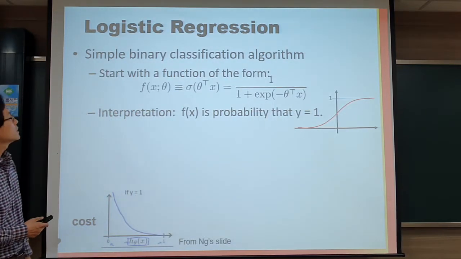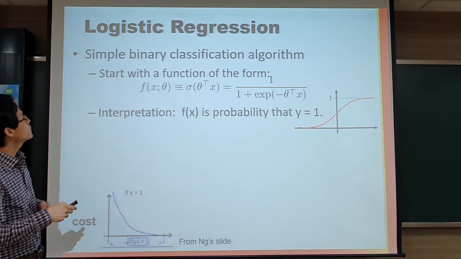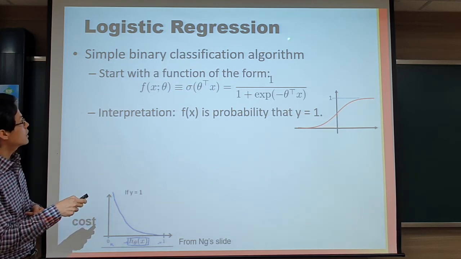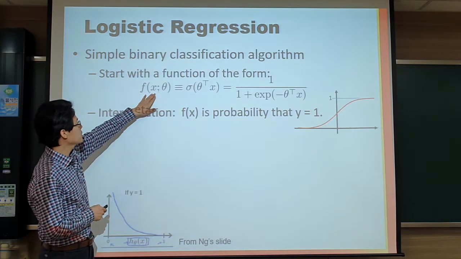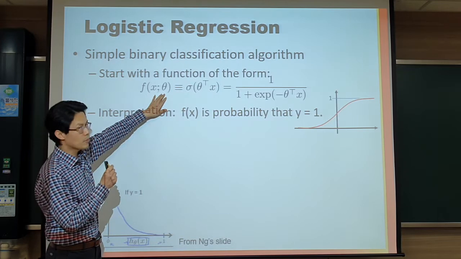There could be many different classifiers, but commonly we use logistic regression. Logistic regression has a shape like this. You can say that x is the input pixel value, and theta is some parameter.